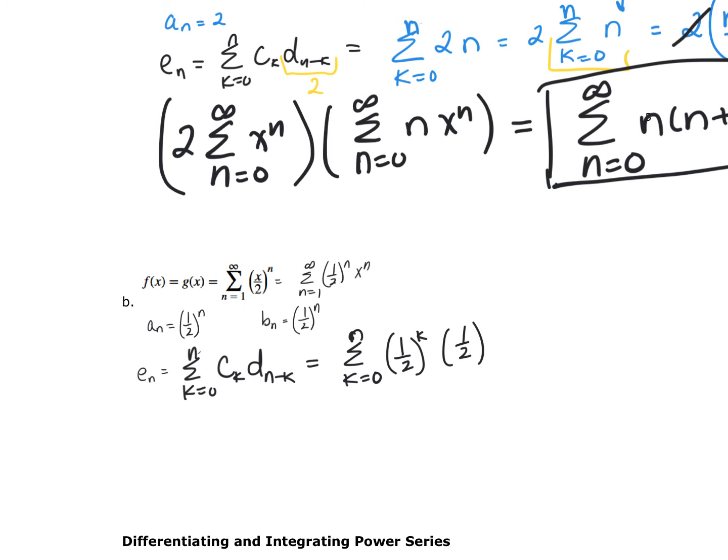Because my bases are the same, I add my exponents and I just get 1/2 raised to the n.